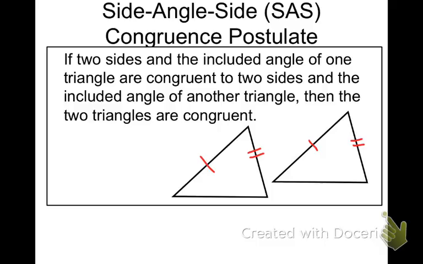Does everybody see that? That would be where the included congruent angle needs to be for it to be side angle side. If it was down here at the bottom, so either on the right or the left, then you would have a case of angle side side. Remember, we do not write bad words on our geometry tests. Okay? So included angle needs to be between the two.